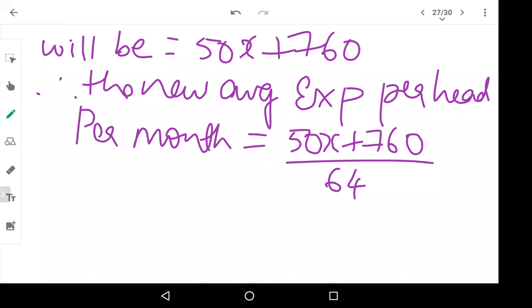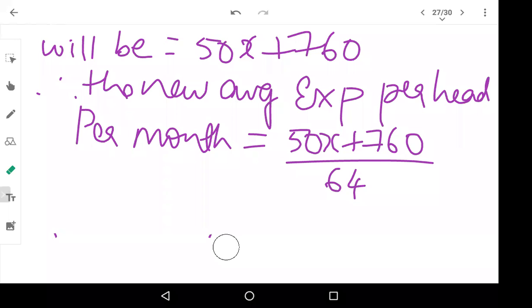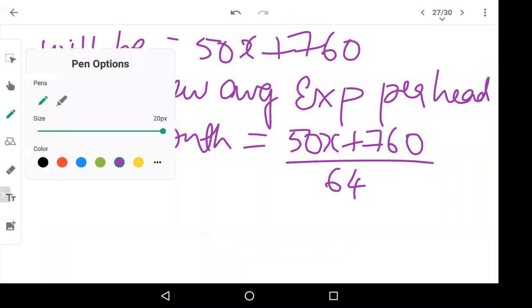The new average cost that you have to find is 50X plus 760 divided by 64, just as I gave you 760 divided by 64. Okay. Now let us solve the problem.